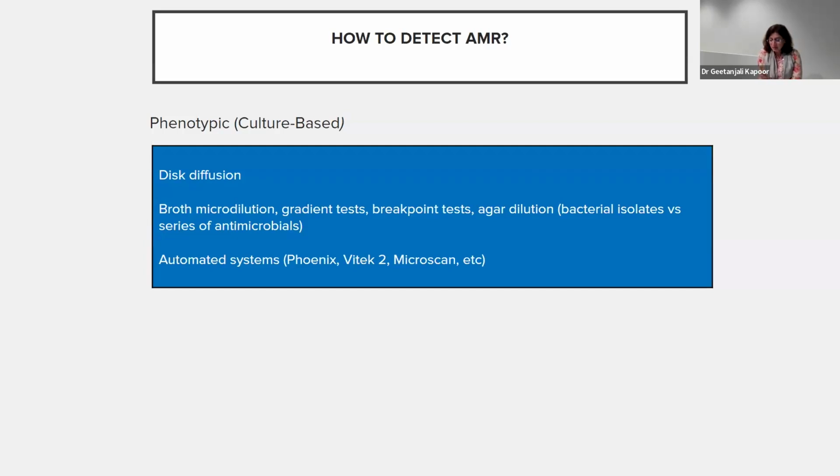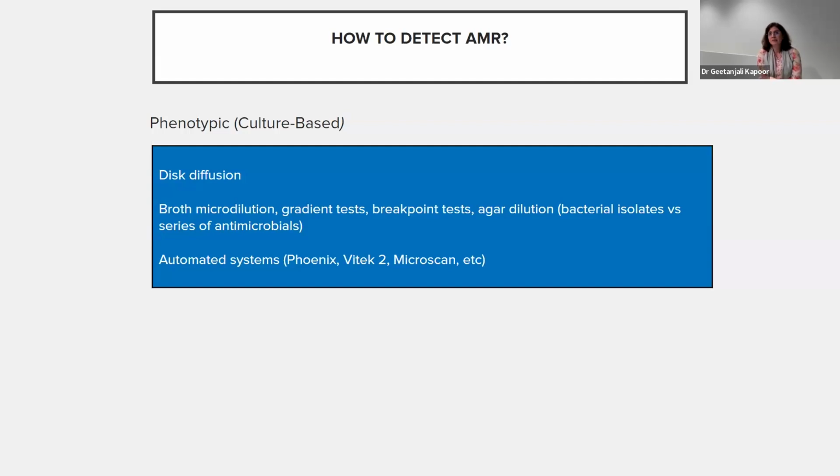But on the other side of the spectrum, your drug could be really effective. It has percolated in the media and the bacteria has been killed, so you'll see very huge zones of clearance around the disc. This happens because the antimicrobial in the disc has been effective in killing the bacteria. This is a typical situation where you would see sensitivity or susceptibility.